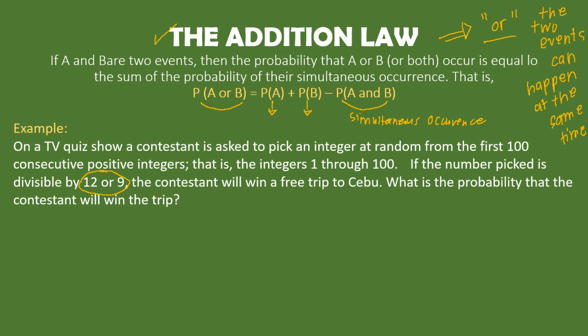So let's start first by listing the numbers from 1 to 100 that are divisible by 12 and divisible by 9. So first, for the numbers divisible by 12, we have 12, 24, 36, 48, 60, 72, 84, 96.